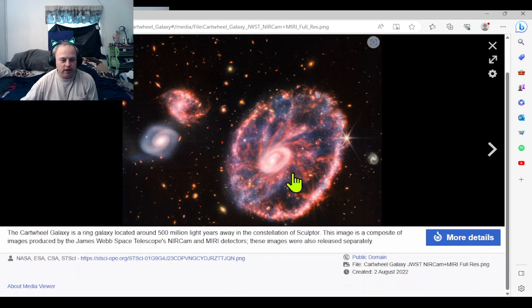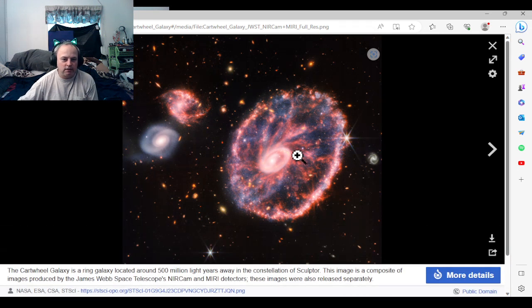This one, it's 500 million light years away. It obviously got enough mass in order to start expanding, and it lost its core. The grip in the core was lost, and so therefore it had to expand. But I don't know what the size is. I don't know what the mass is.